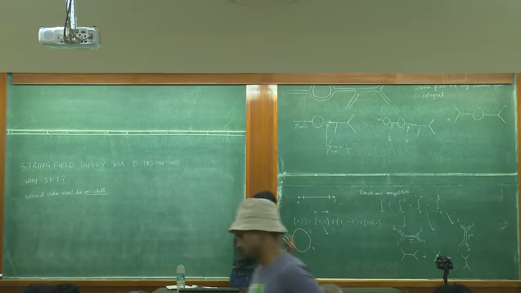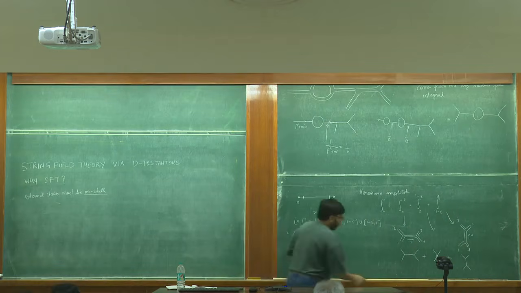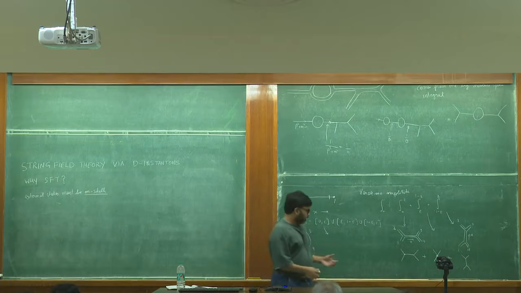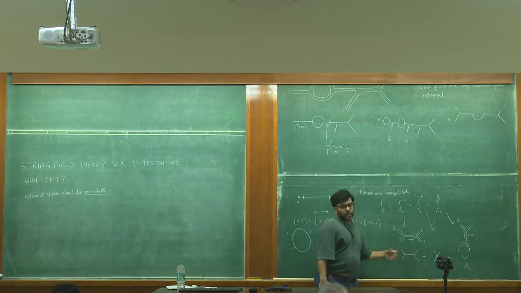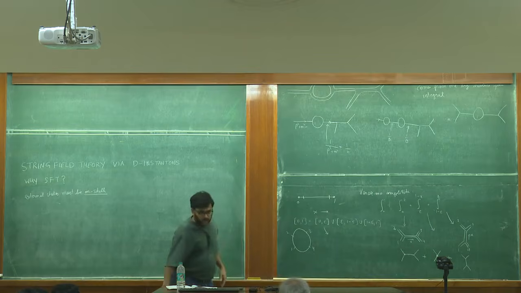So by construction, you do that. So the name of the game is to come up with Feynman rules. Come up with a Feynman rule for this vertex. Propagators are obviously 1 over p square plus m square. But what are these vertices? That's the whole game. And here you have some vertex.